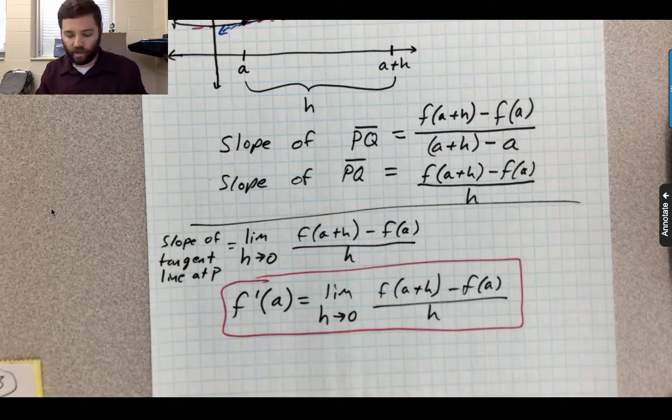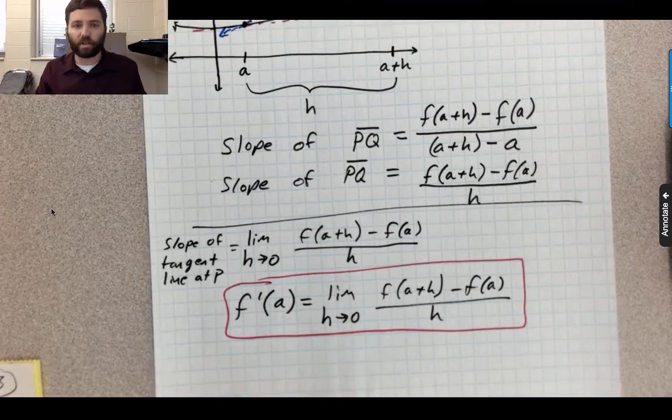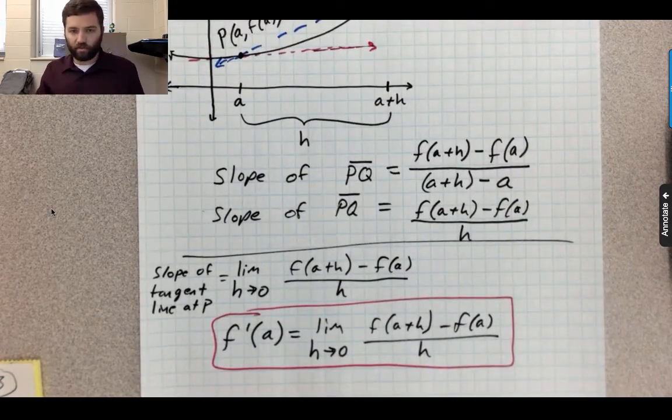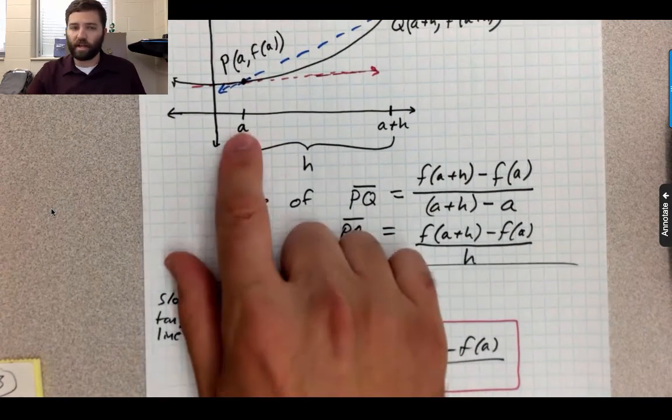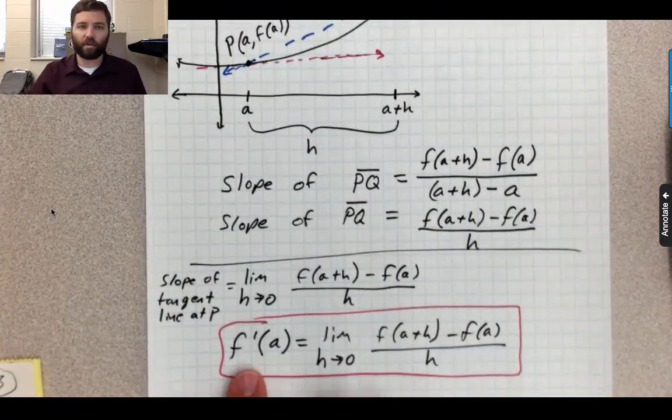And so this is, I guess I should say that more clearly. This is the derivative of the function at a. All right? In other words, it's the slope of the tangent line. That's what a derivative is. The slope of the tangent line at point P, which in our case here is at a, f of a. So in other words, we would write f prime of a.